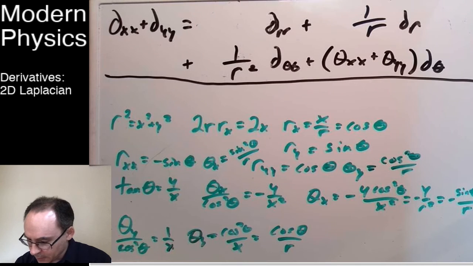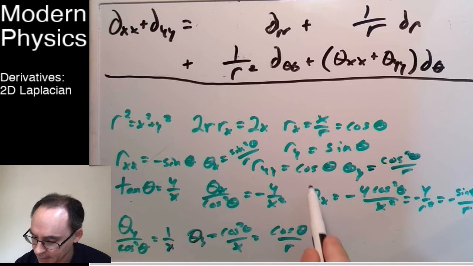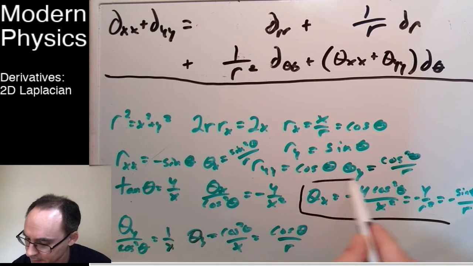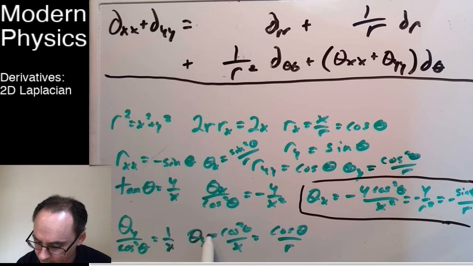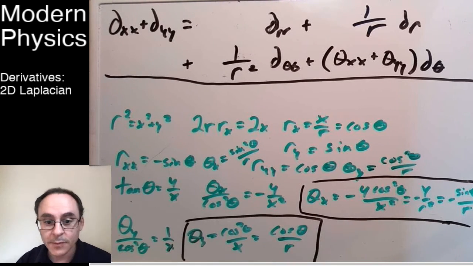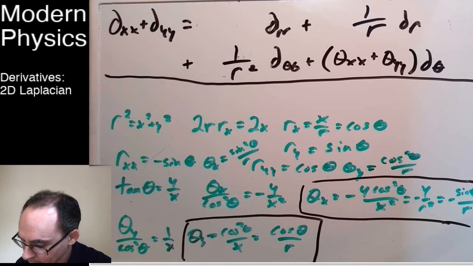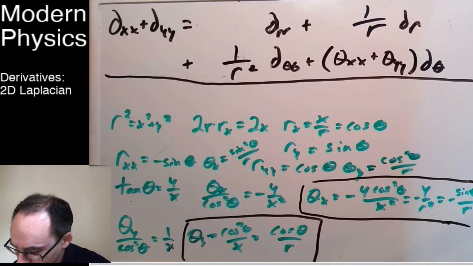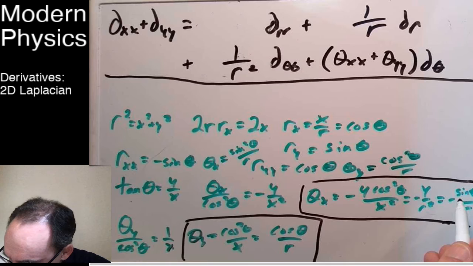Because what do I need to do? I need to take the derivative of this with respect to x and the derivative of this with respect to y. So I need this. It has 2 terms.